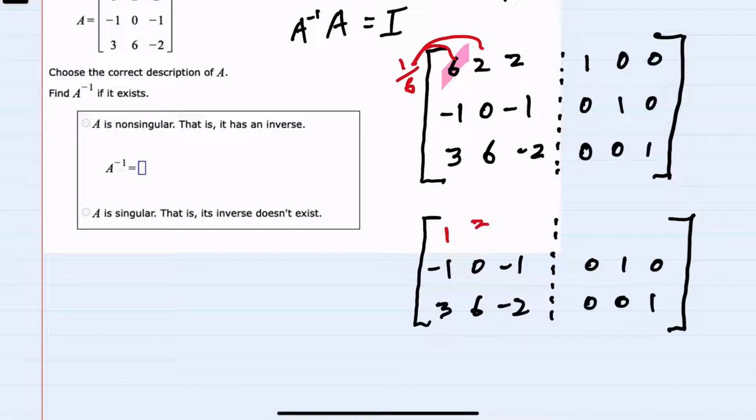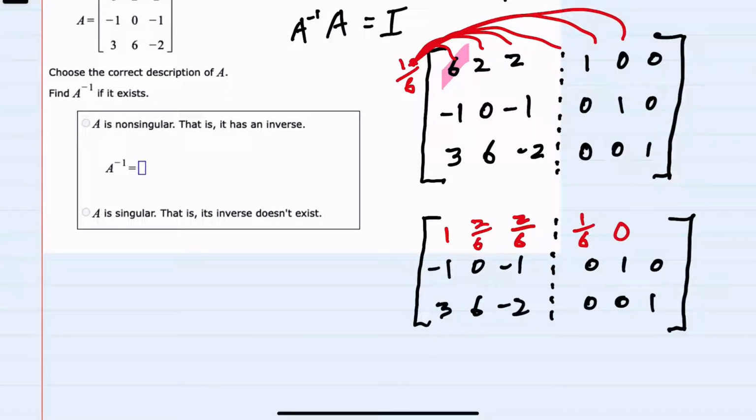For now, I like to leave this as not simplified. So 2/6, and then the next element is also a 2, so 2 times 1/6 is another 2/6. On the other side, where we had the original identity matrix, 1/6 times 1 is 1/6, and then 1/6 times 0 is 0, and the last one, 1/6 times 0 is 0.